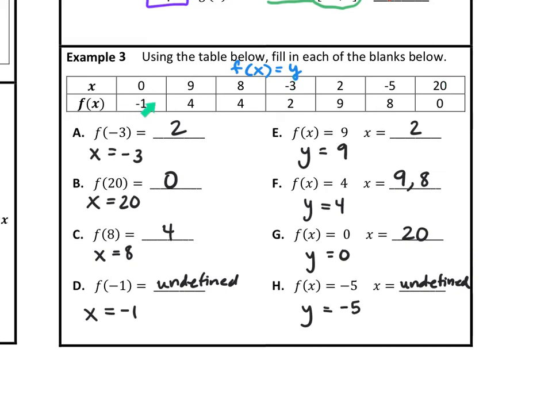But this is wrong, because we're not supposed to look at the second row if they're telling us to look at the x row. Okay, so that's just a warning I want to tell you guys, make sure that you're looking at the correct numbers, the correct row, so that if you can't find it on that row, then it's undefined.